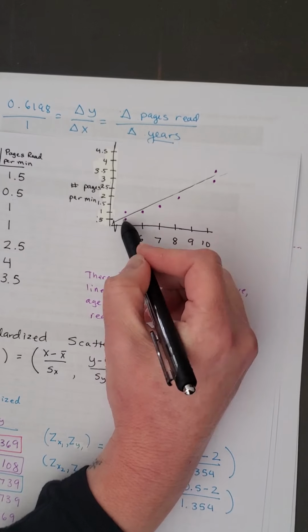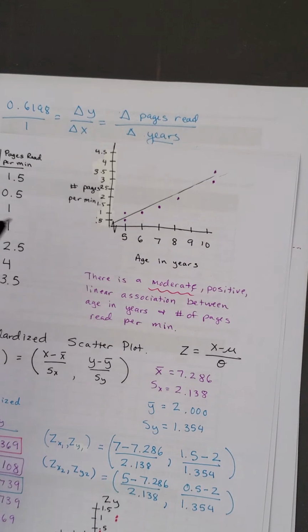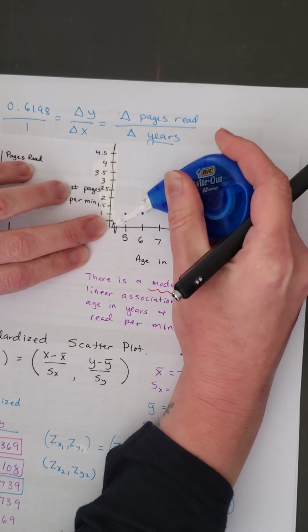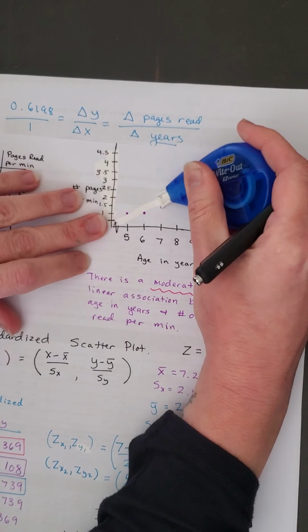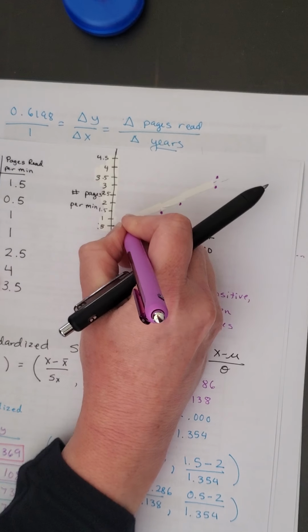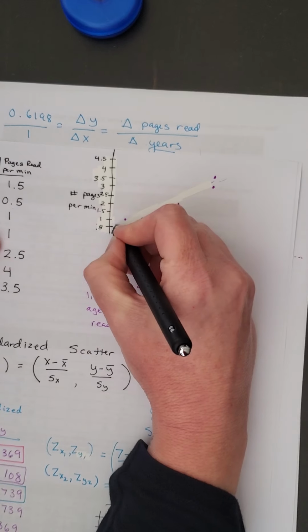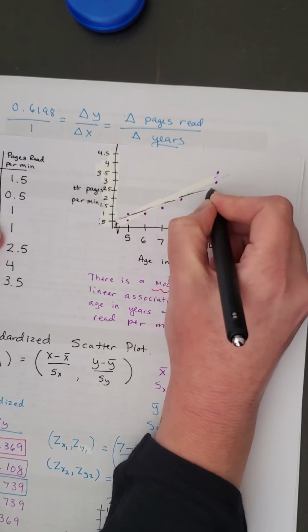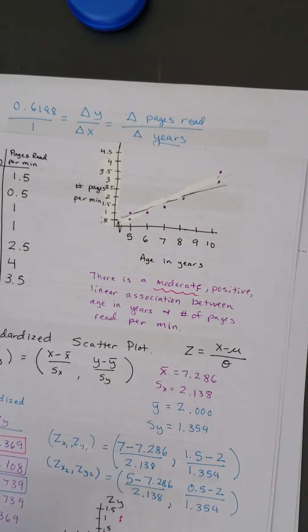That's a little off because I should have the same number of points above and below. So let me try that one more time. If I were to sketch this in, I did a kind of junky job, so maybe more like this, where I have about the same number of points above and below the line.